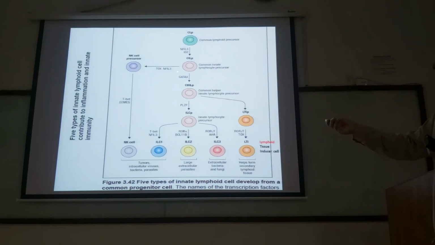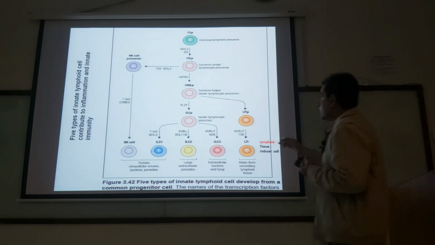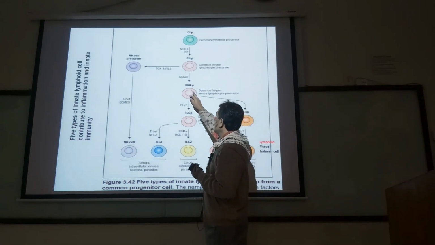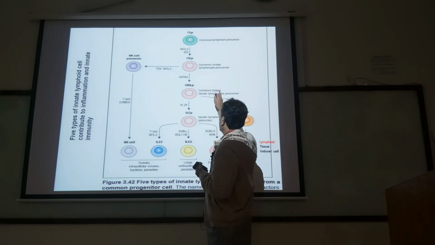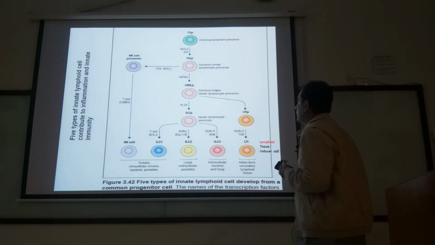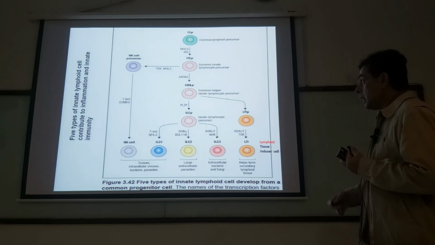And if it comes in contact with this transcription factor, GATA3, it is going to give rise to CHILP, or the common helper innate lymphocyte precursor cell.